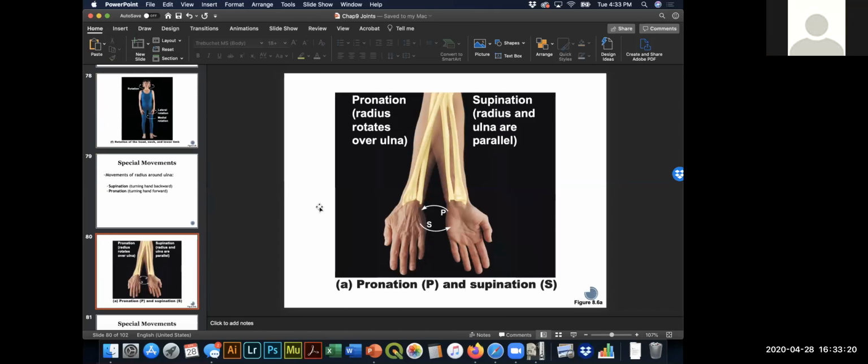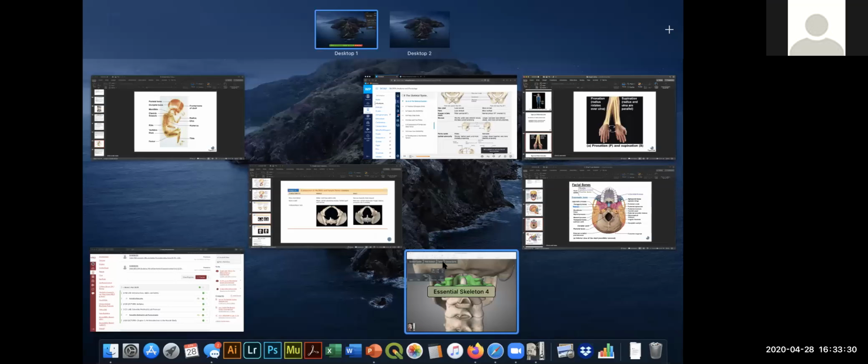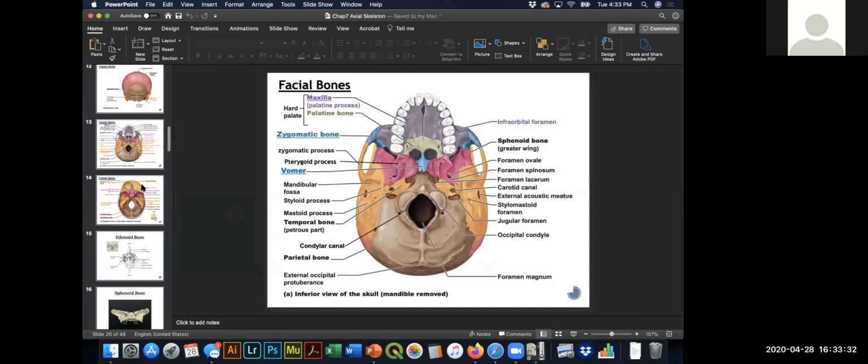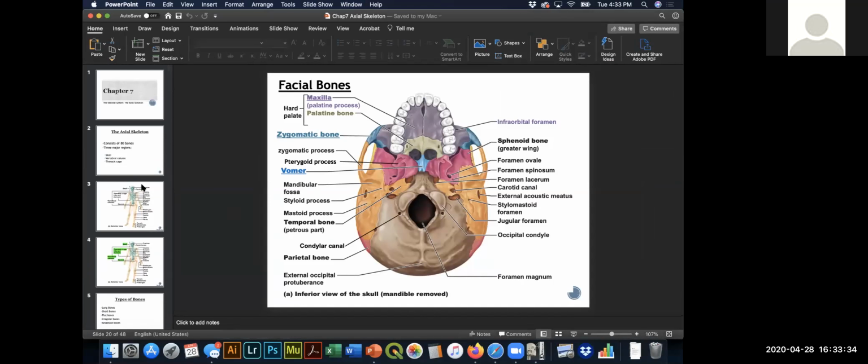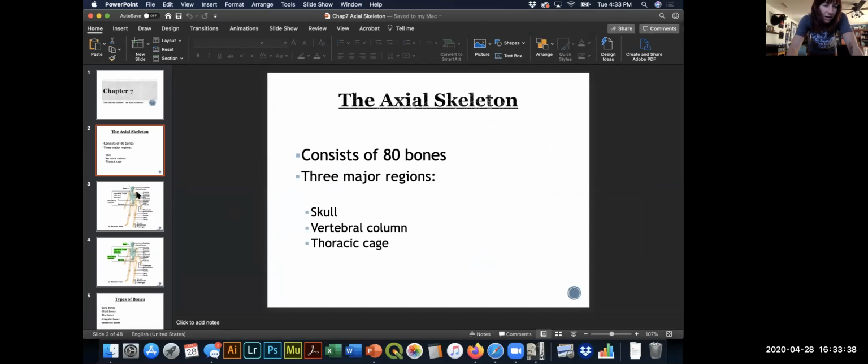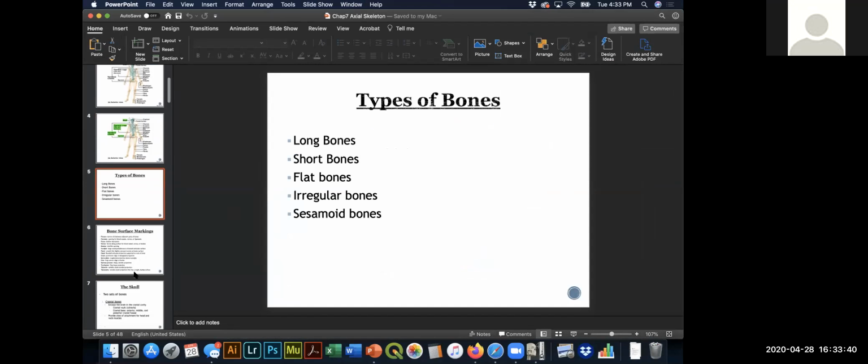Ashley, this kind of sounds like a very simple and dumb question. I just want to verify that the axial skeleton is mainly for support, right? Support and protection. Protection is the big one with the axial skeleton. Okay, and appendicular is movement. Yeah, the appendicular is movement. Exactly.